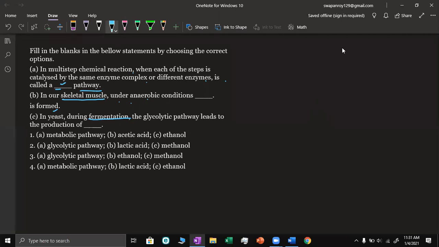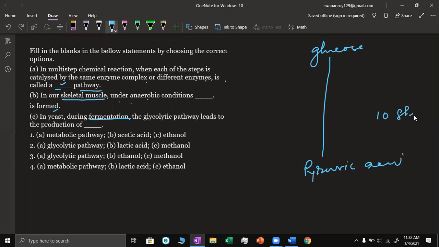Same. You remember that in a biological system, there are usually many processes which are a chain of reaction. Say, glucose changes into pyruvic acid. There are 10 steps, not one step.